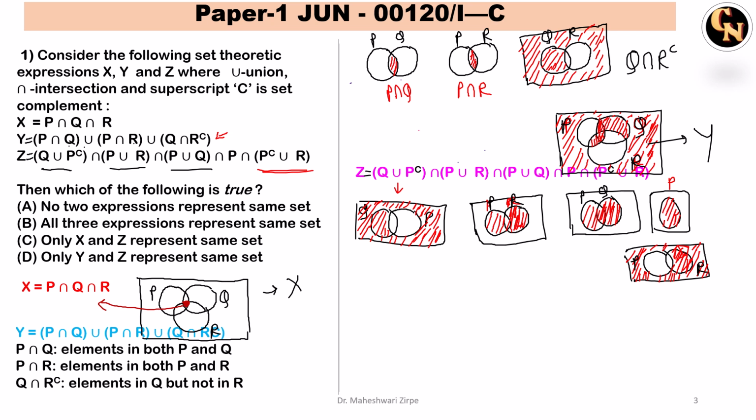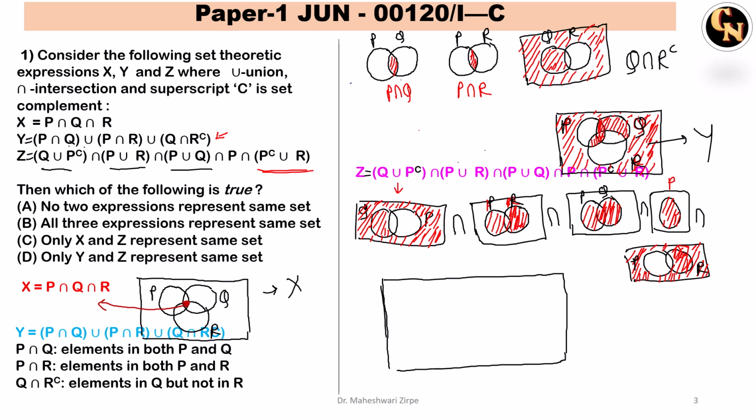Now we are going to see the middle part, that is, this Q union P complement is intersecting with P union R. So here you have to show intersection, then again intersection, then again intersection, so the intersection of all these diagrams. What will it indicate? Let me draw it in a bigger way so that we can represent all these diagrams together.